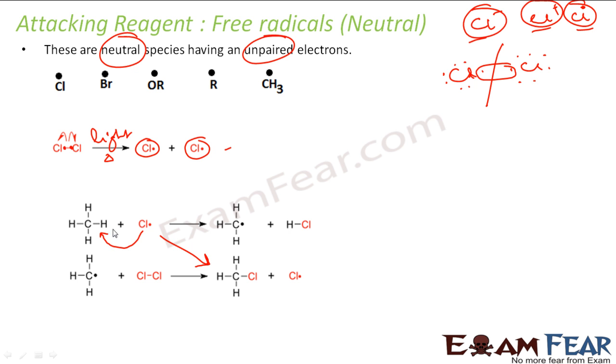Methane reacts with a Cl free radical, and you get CH3Cl. H will be out, and H reacts again with a Cl radical in the solution to get HCl. This is how it happened.